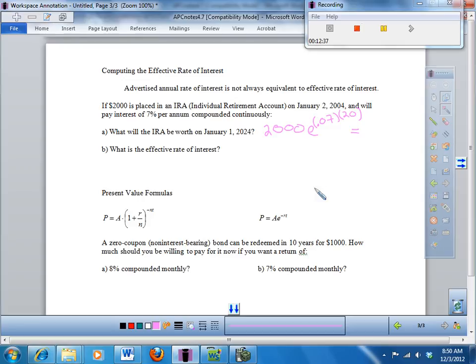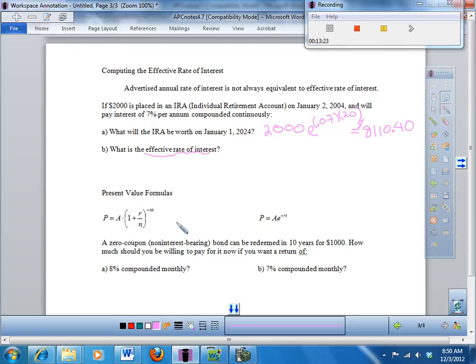So in that case, you get $8,110.40. So that's pretty good, right? And then what they want to know is what is the effective interest rate?